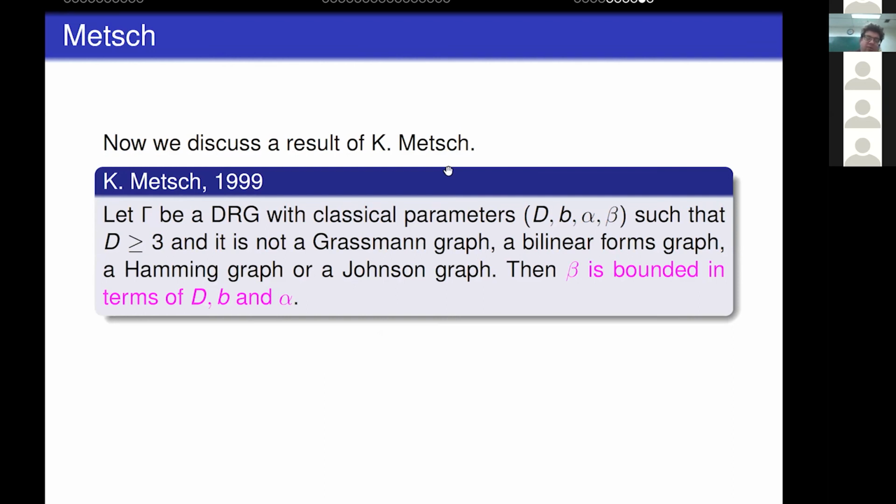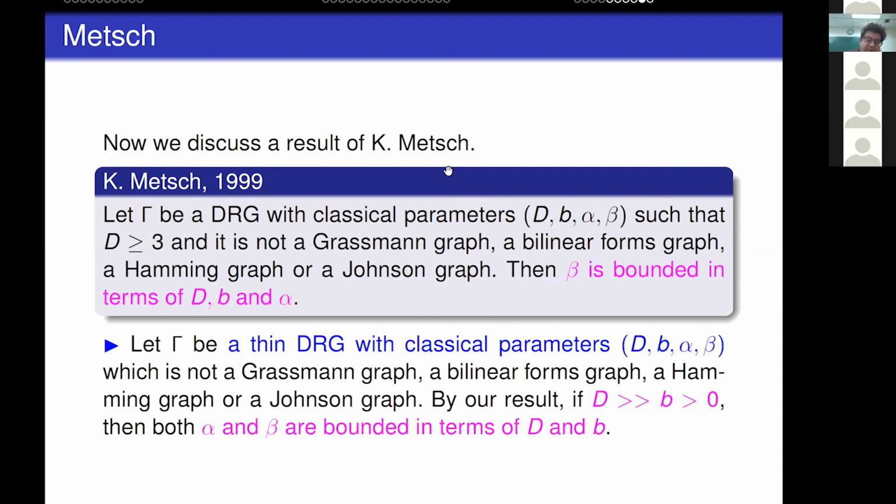So you get 3 plus epsilon parameters if you're not in one of those 4 families. That is what his result says. And now we can also use our result and combine this result together. This says if d is much larger than b, then both alpha and beta are bounded in terms of d and b.